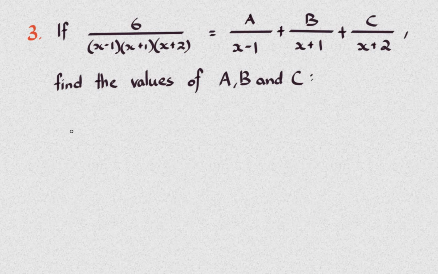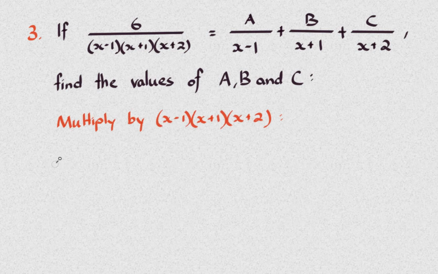So what are we going to do? Well, remember, if we multiply by everything that is on this denominator, then we get a little bit of cancelling. We get rid of our fractions. So let's go ahead and do that. On the left-hand side, we will just be left with 6.